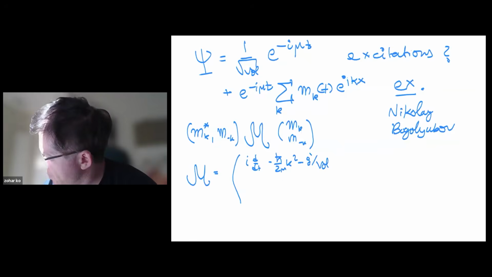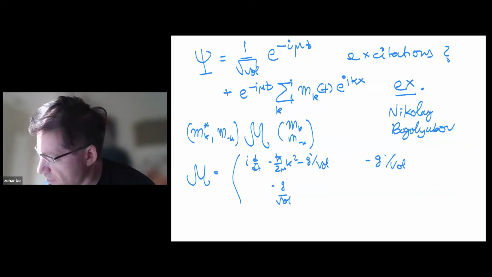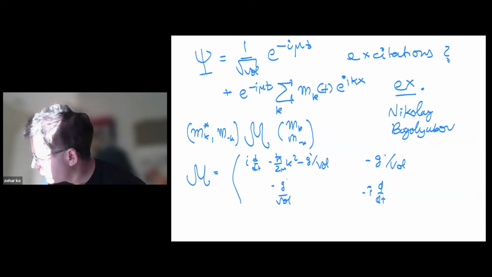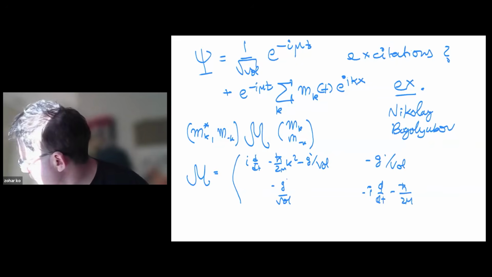And then there is minus g prime over volume. And then I'll just write it down. I started, so I'll finish. And then there is minus i d by dt. You can check it at home. That's your exercise to see if I haven't made a mistake.